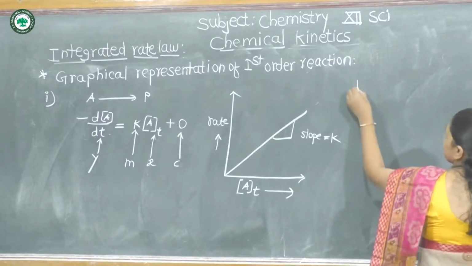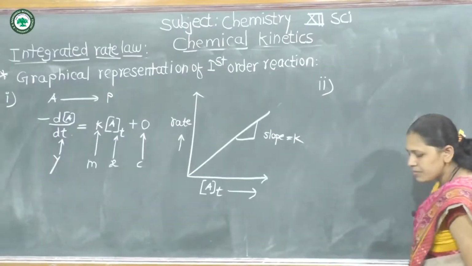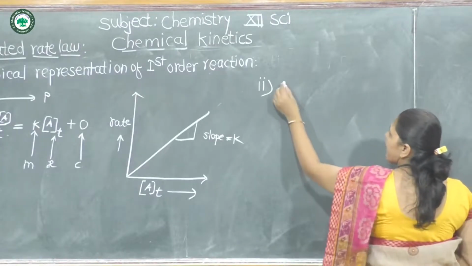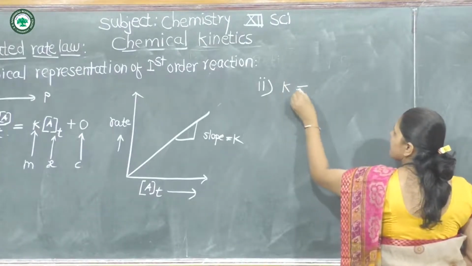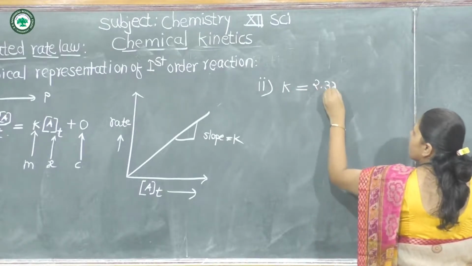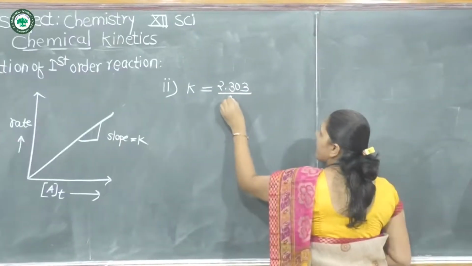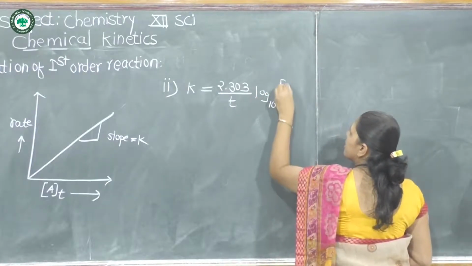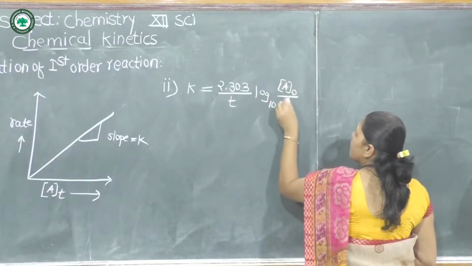Then second, we know this equation k is equal to 2.303 divided by t log to the base 10 A0 upon At.